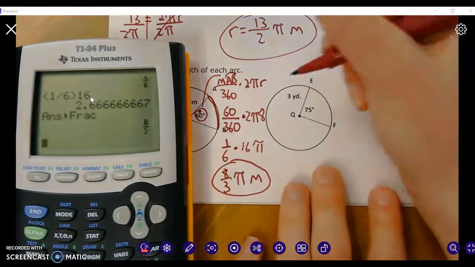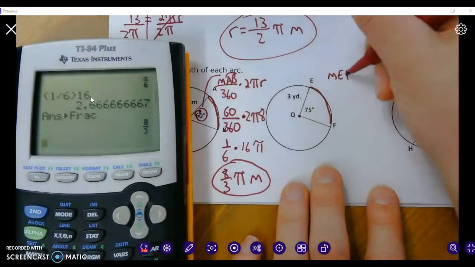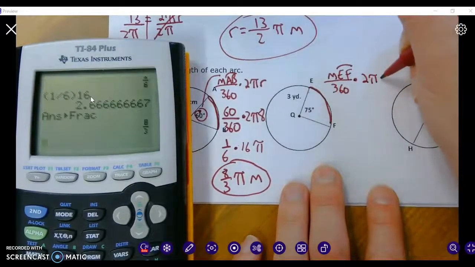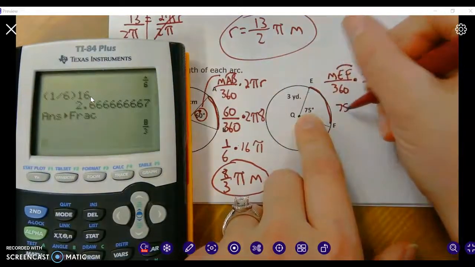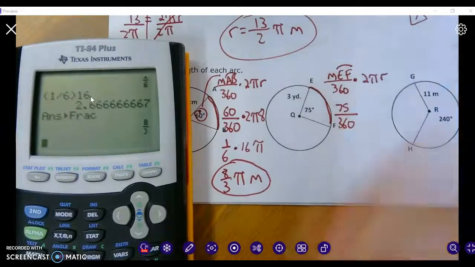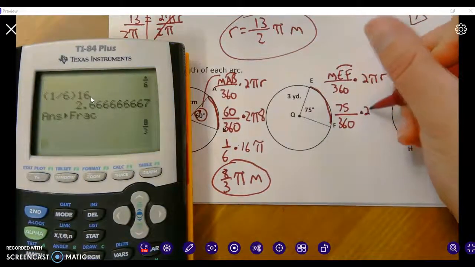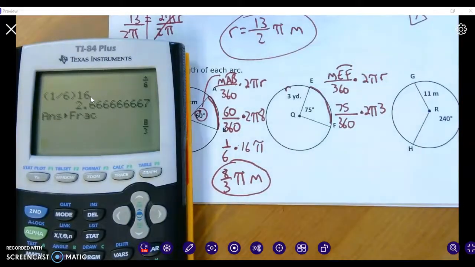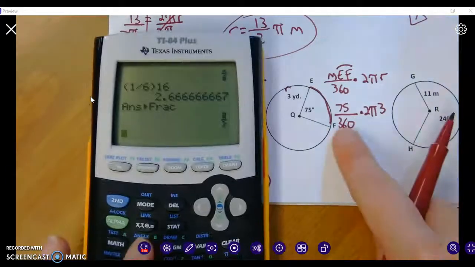Okay, so let's try another one. So we are going to have the measure of arc EF divided by 360 times 2 pi r. That arc is 75 degrees divided by 360 times 2 pi times the radius is 3. First thing we're going to do is simplify this fraction.